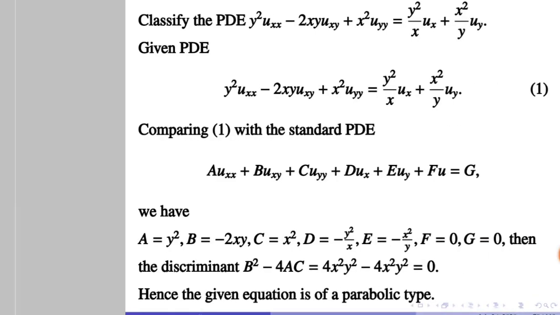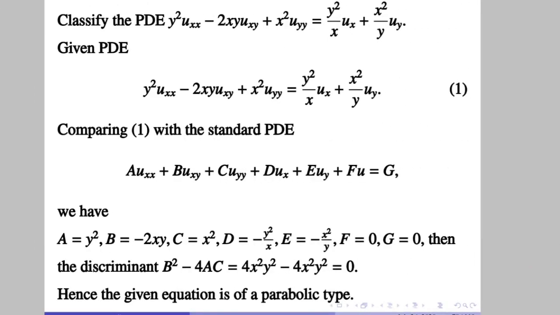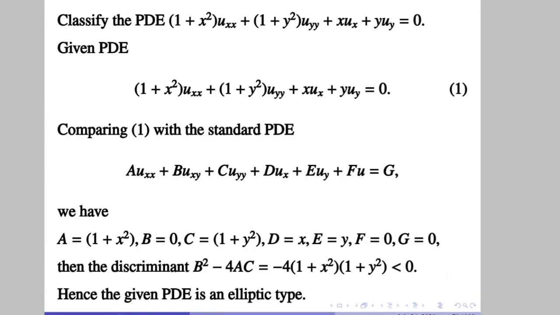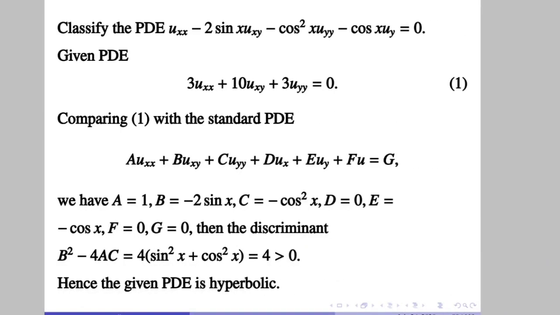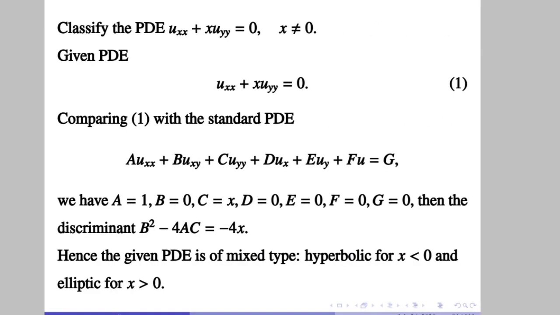For the next equation, we have 0, so it is parabolic. Here a lot of examples are there. With 1 plus x square and 1 plus y square, this is less than 0, so it is elliptic. And in the next example, 4 is greater than 0, so it is hyperbolic.